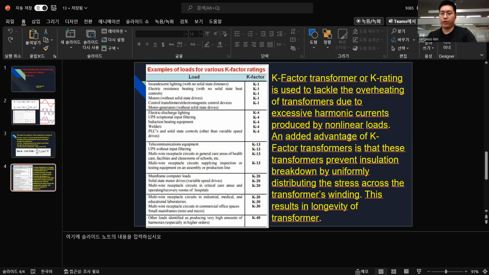Look at the advantage here: these transformers prevent insulation breakdown by uniformly distributing the stress across the transformer's wiring. You got it? What I mean is that they consider the heat loss, so the transformer is not overworking. That's the basic concept.